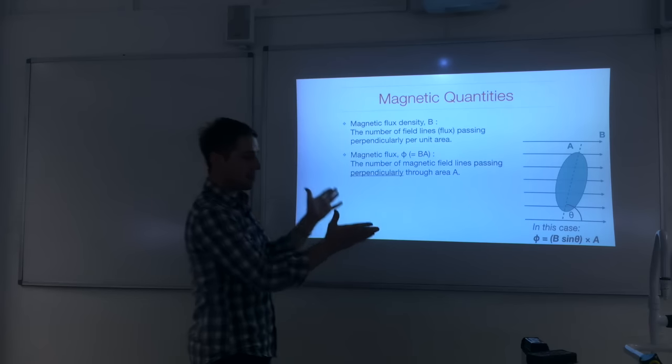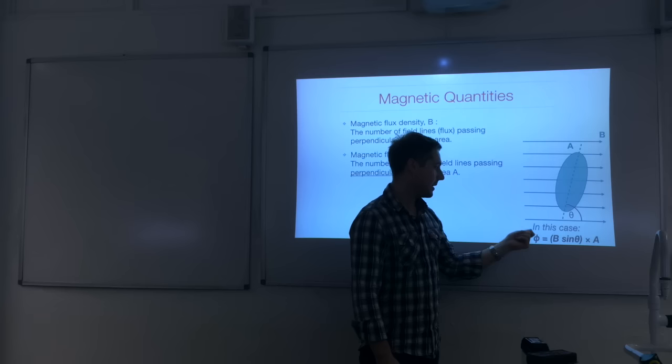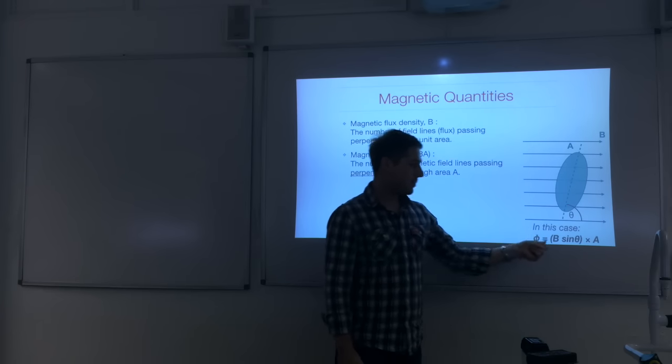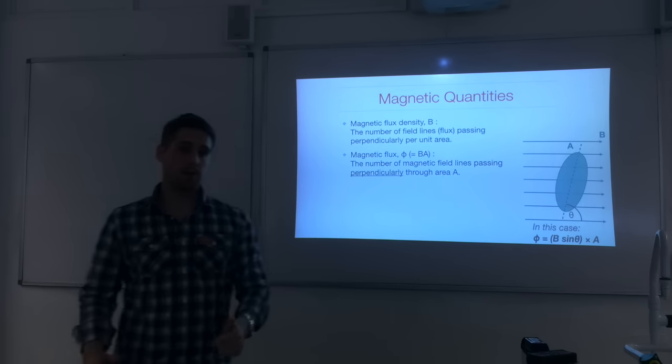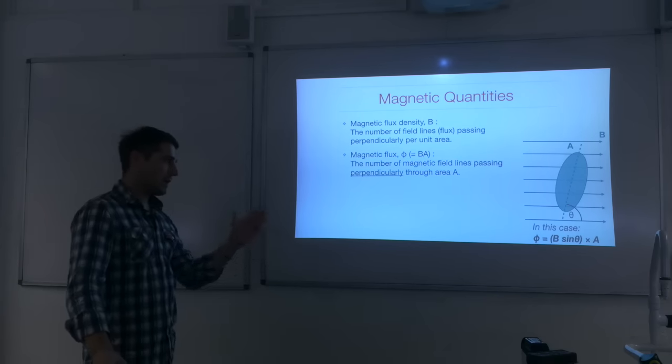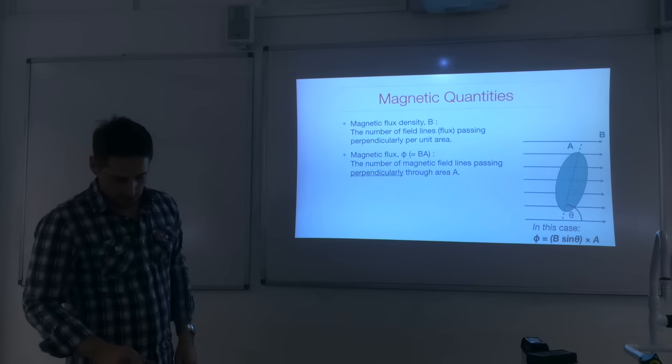But in this case, because it's at some general angle theta, phi would be B sine theta multiplied by A. So that's how you'd work it out for that particular case.